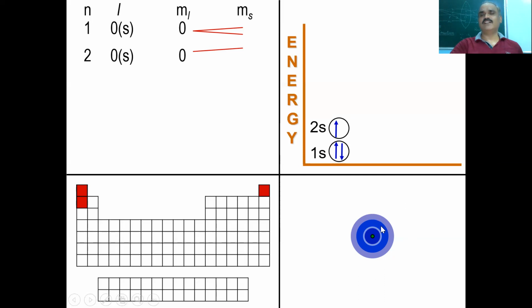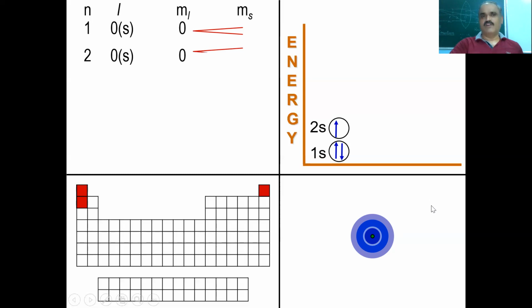You can see here, the inner blue one was the 1s orbital having 2 electrons. And the bigger one is the 2s orbital. Both have a spherical shape. The difference is that 2s is bigger than 1s, and 2s has one node, one region of minimum probability.